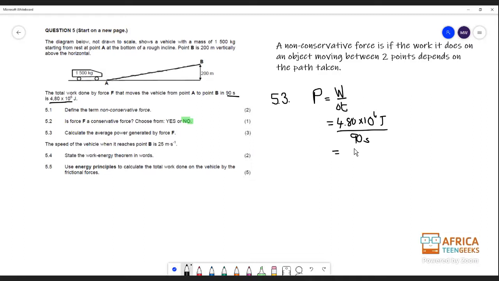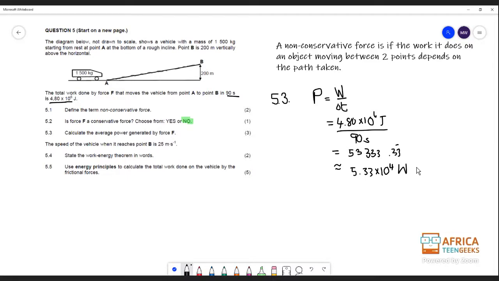That gives me an answer of 53,333.33. Okay, and always try and write it in scientific notation. So I get 5.33 times 10 to the 4 watts.